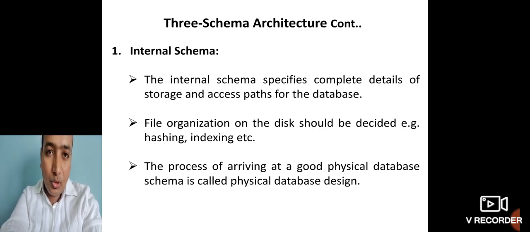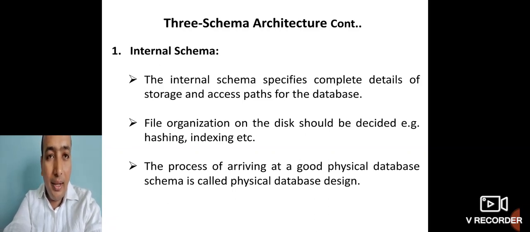So once the data has been stored, the next thing is to allow various database operations. It may be retrieval of your data, inserting of new data or updating of your data, isn't it? So there you are performing some input and output operations, isn't it? The internal schema is focusing on these things there.